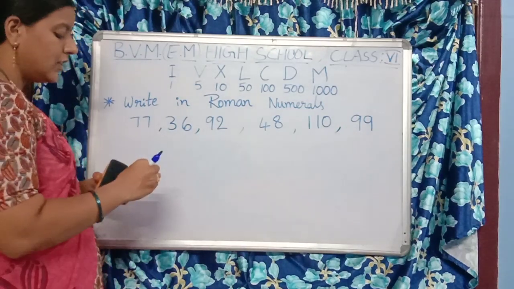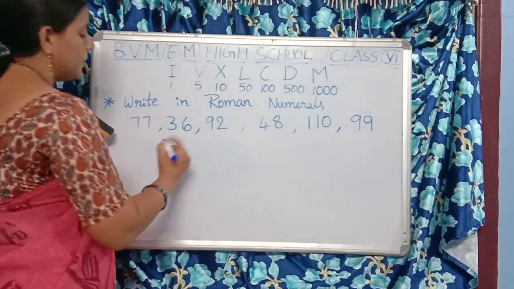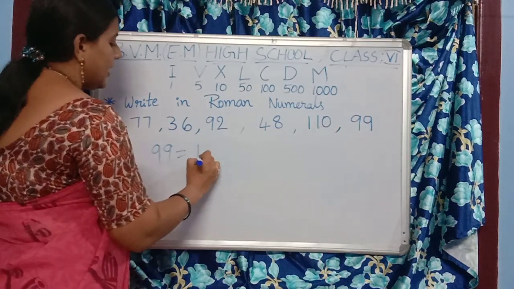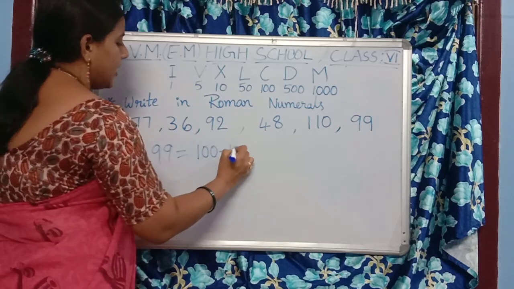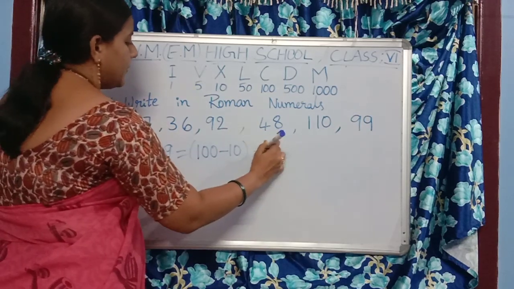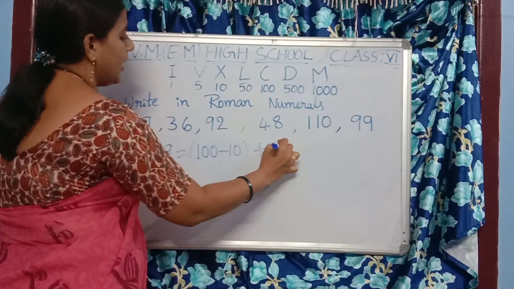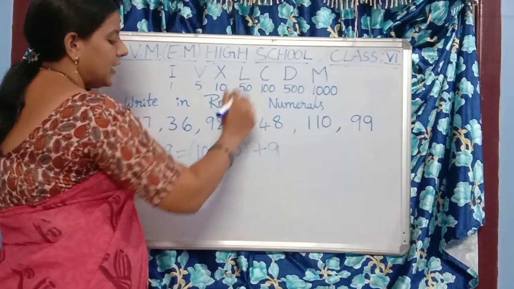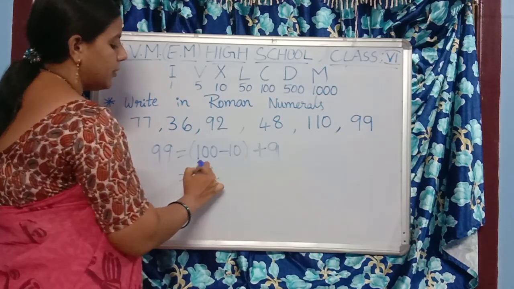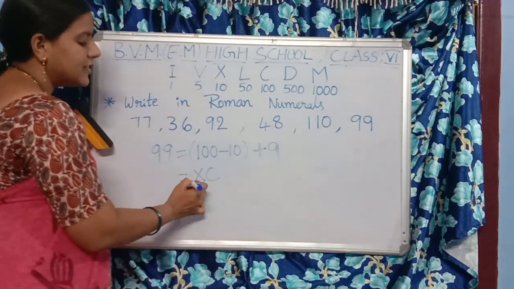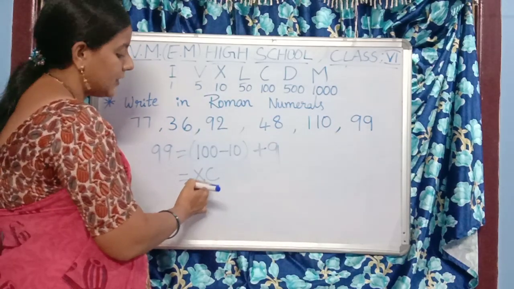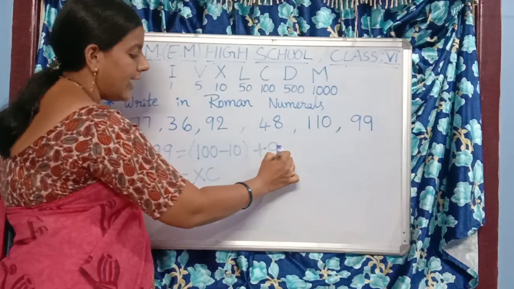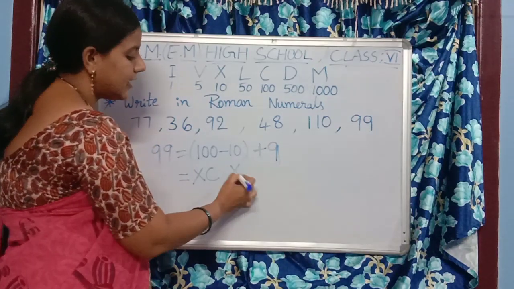Based on those rules, 99 is 90 plus 9. 100 minus 10 means X should be placed on the left side of the C. And 9 is X with I on the left side.